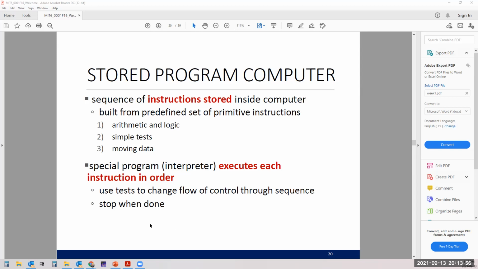How do we create recipes? A programming language provides a set of primitive operations. Expressions are complex but legal combinations of primitives in programming languages. So I can say a plus b, or I can make it an expression, a plus b to the power 2 divided by d times x.